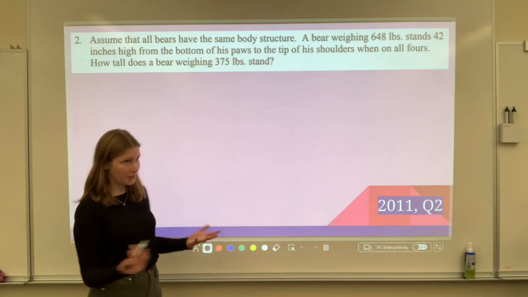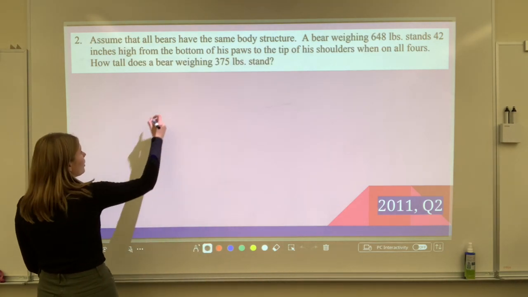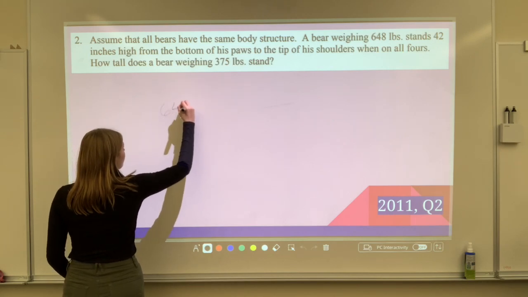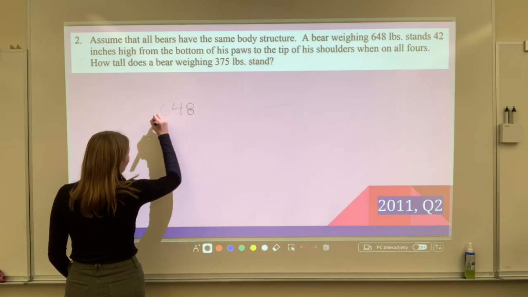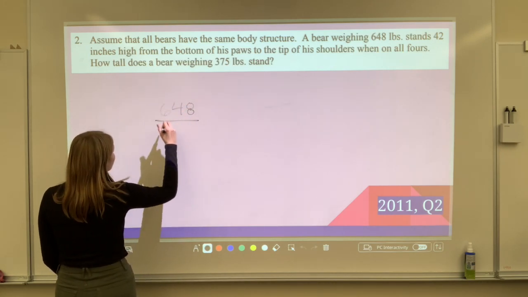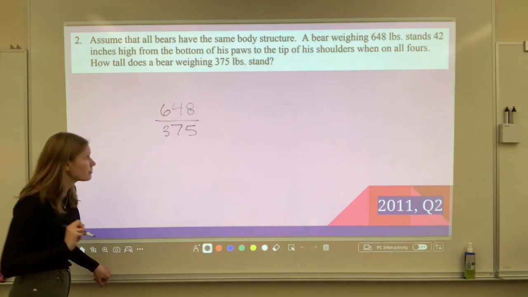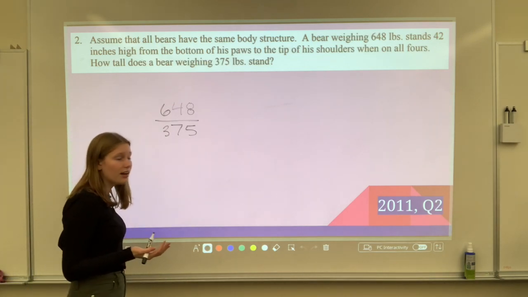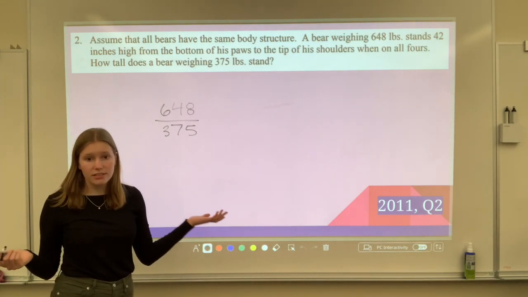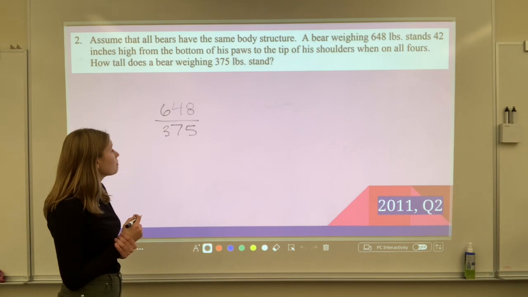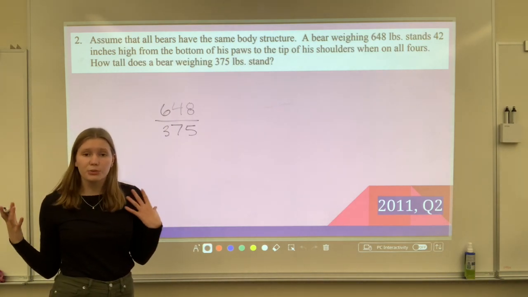Alright, so let's get started. We have our 648 pound bear is to our 375 pound bear. Like I said, these are cubic quantities, so we would take the cube root of both.